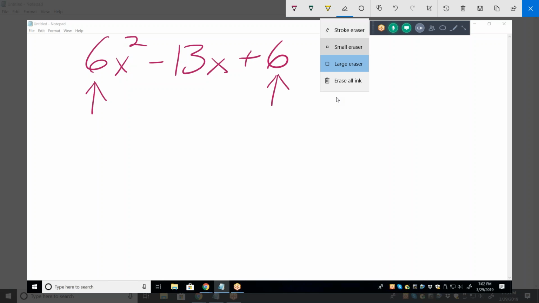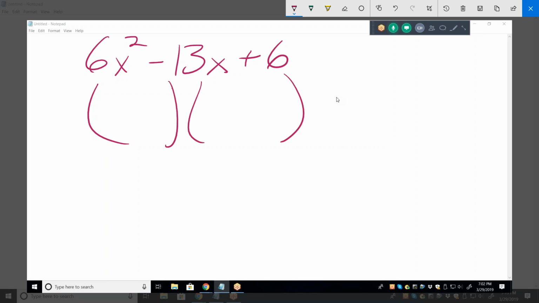It just means there's lots of possible solutions. So, get me started. So first, we're going to want to find the greatest common factor. There is none. The next, probably put in a 3x and a 2x.